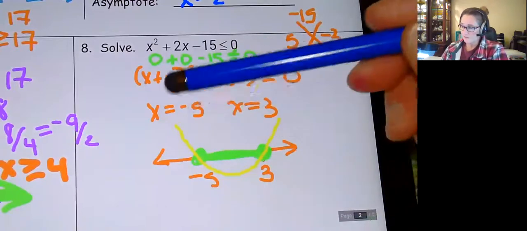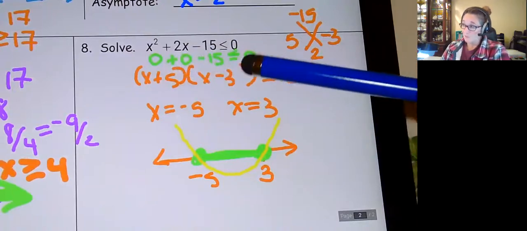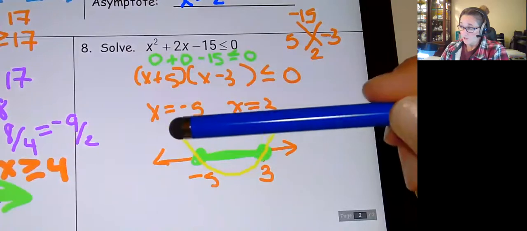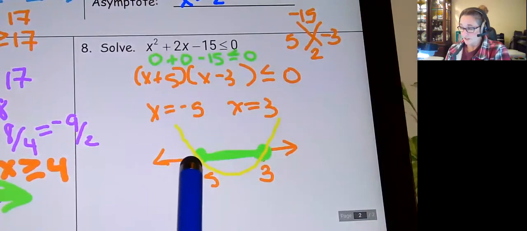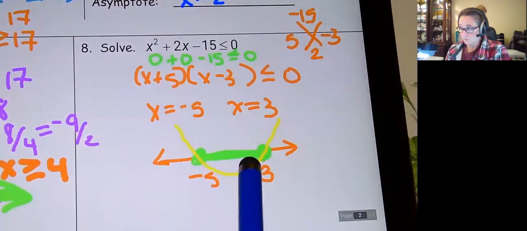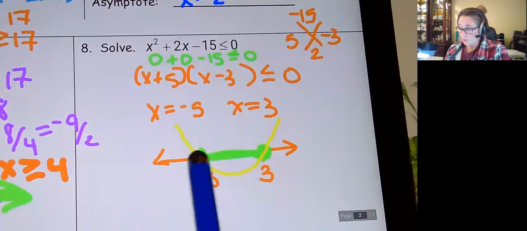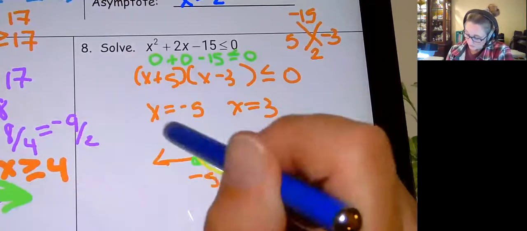And if I'm thinking about this as on a graph and I want where my graph is below the x-axis, basically, I want it to be less than 0. Here, this is above. This is at the x-axis. This is below, at the x-axis above. So where is it below? From here to here. So I get the same answer, just another way of thinking about it.